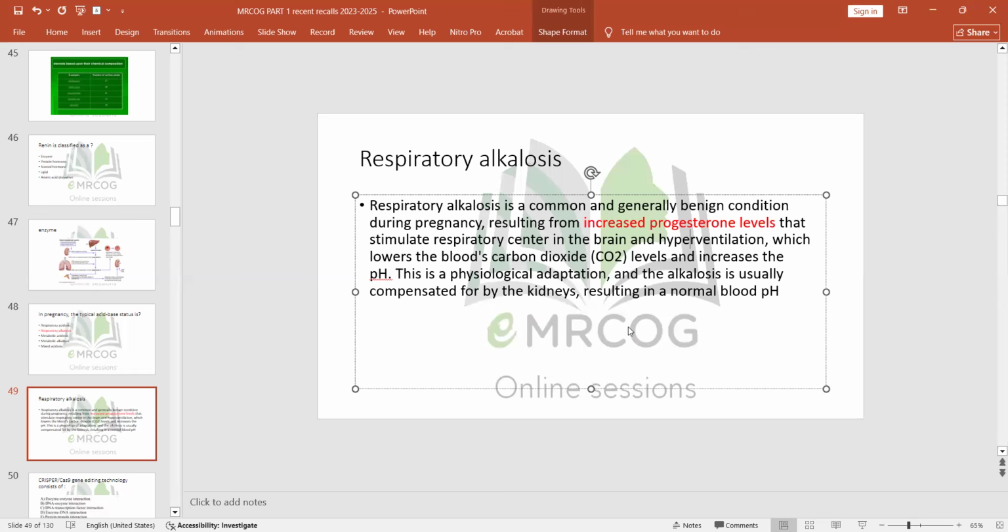Metabolic alkalosis. Yes, okay. Mainly you are going to find which minerals low? Low sodium, low potassium, low chloride. Everything is low. Mainly potassium.